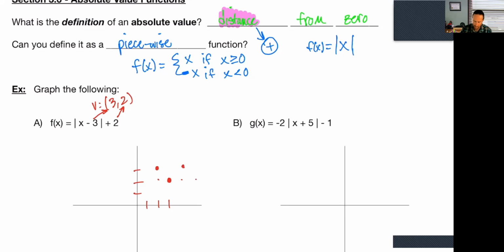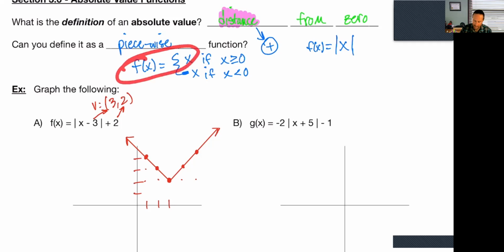I will go right 2 and left 2 with a Y value of 2 from there. And that should be enough for you to see the graph of this thing is a positive and a negative line.